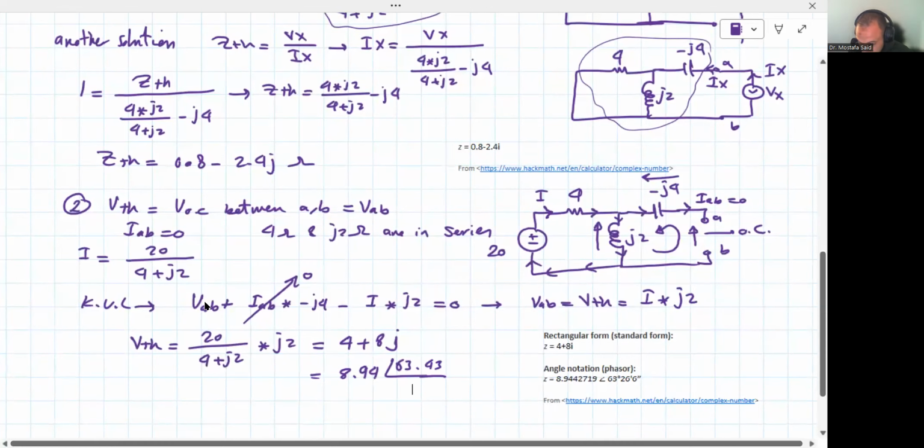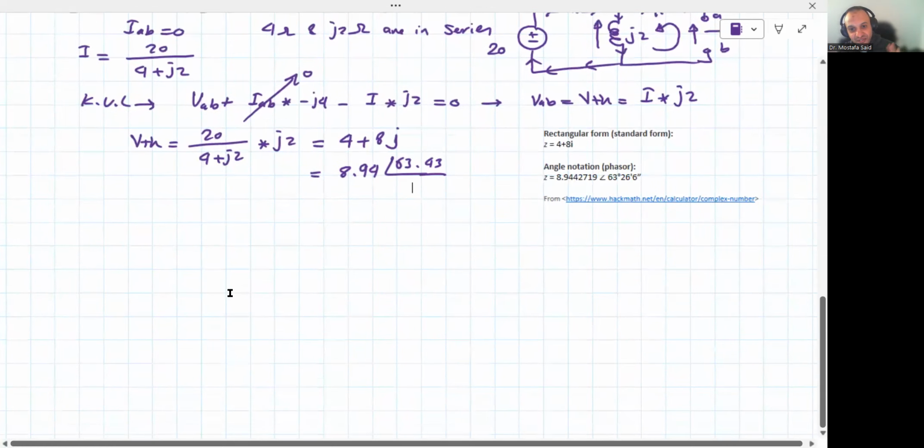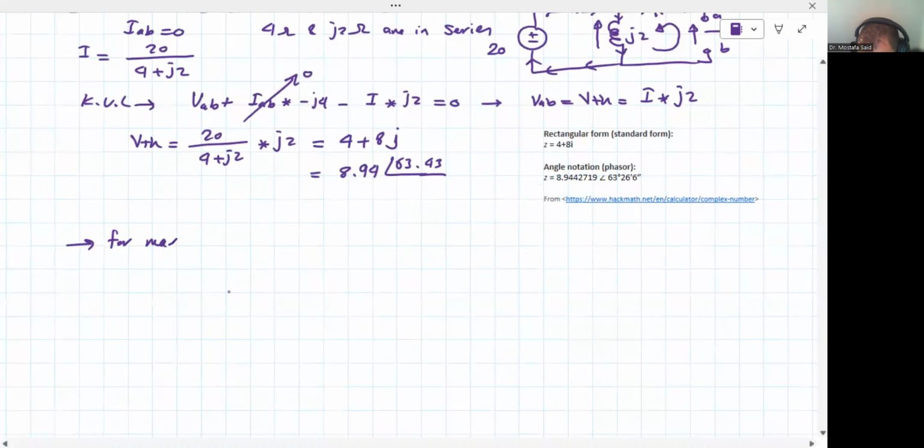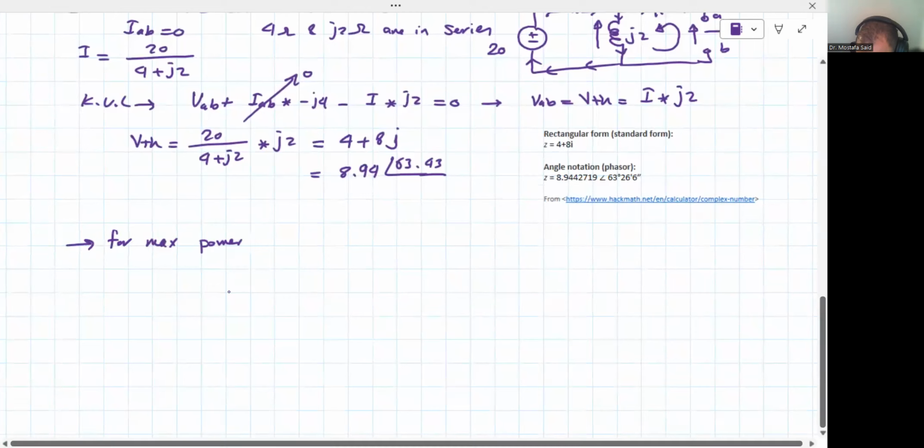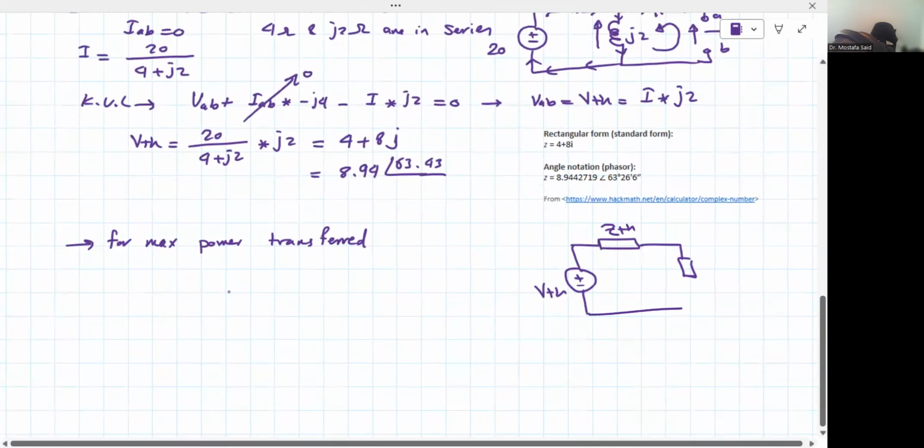That's V Thevenin. Now we can find the load impedance and also the maximum power transfer. So Z load, remember for maximum power transfer, we have the equivalent circuit like that: V Thevenin, and our Z load that's unknown.